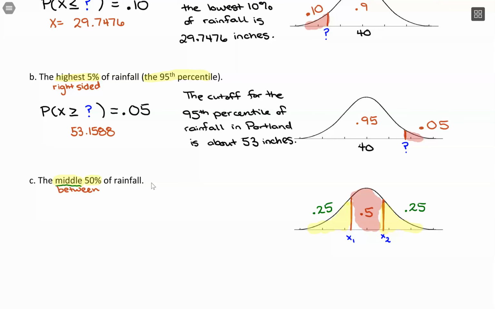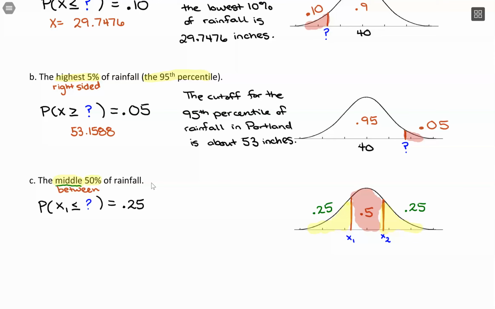So if I want to find X1, I want to think about X1 as the cutoff for this lower 25%. So when I go to GeoGebra to find X1, it has this probability of being less than or equal to some number that we don't know yet, and that probability is 25%.